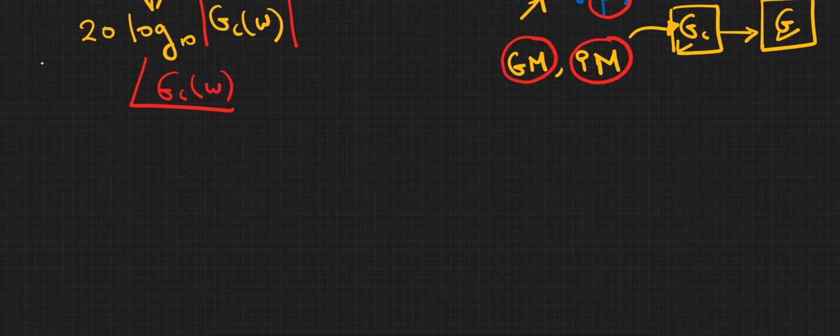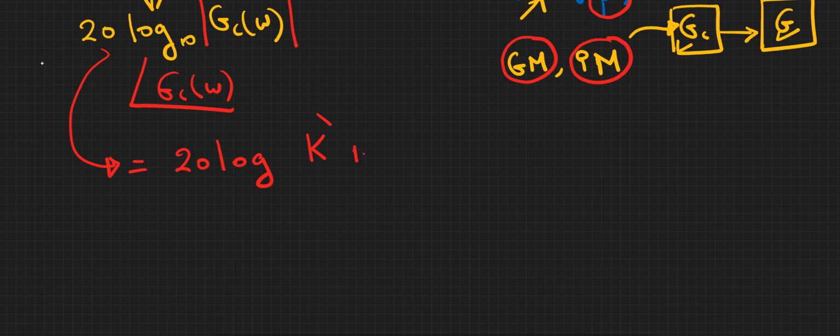Okay, so when we expand this, we have three separate terms. So we have 20 log, and this is to the base 10. I'm just going to write it every time, so we will assume that this is the base 10.